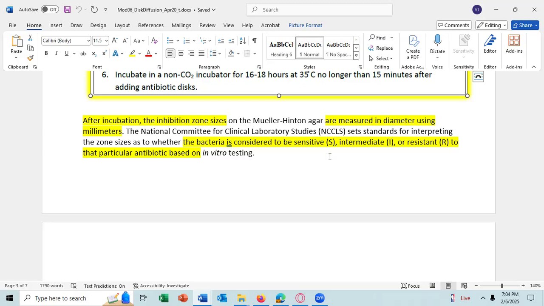All right. So the bacteria are considered sensitive only if the diameter is larger than the size that the NCCLS table says is sensitive, and if it's smaller than the size that the table says is resistant, then the bacteria is resistant for that antibiotic. And if it's someplace in between, we say it is intermediate for that antibiotic.